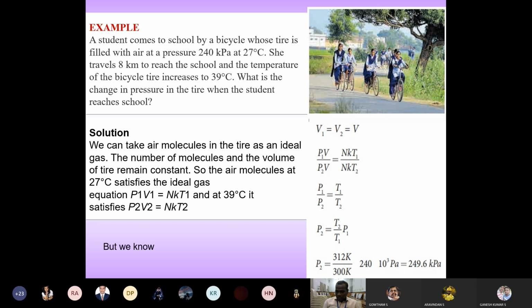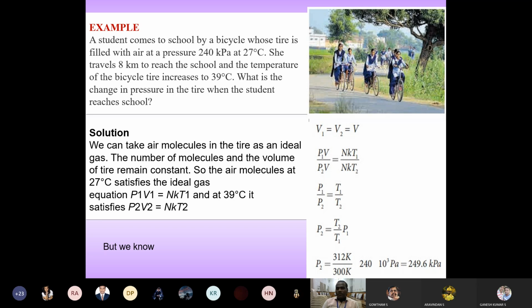Then already we are getting the answer, but we know that in this tire the volume is constant. So we have volume of state 1 equal to volume of state 2, right?